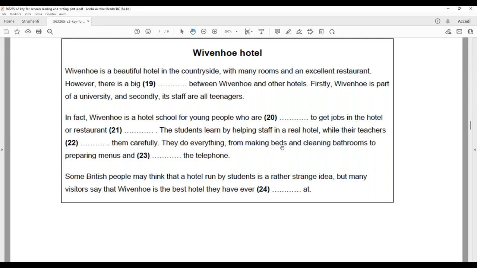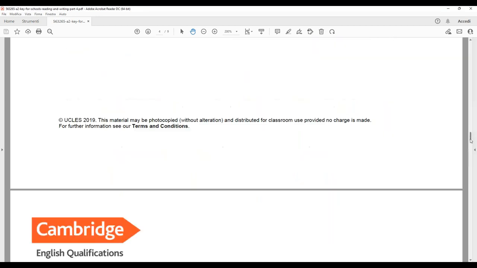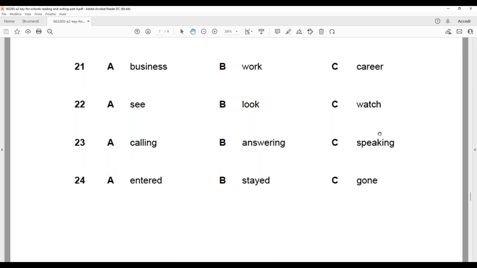They do everything from making beds and cleaning bathrooms to preparing menus. And 23, answering the phone? Calling, answering, speaking. Answering the telephone. And 24, entered, stayed, gone.